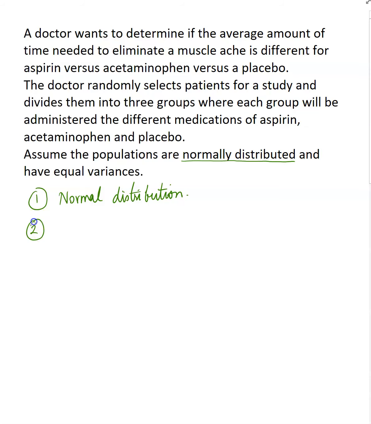Condition 2. All samples are randomly selected and independent. Now these are samples of patients, right? And it says the doctor randomly selects patients for a study and divides them into 3 groups. Okay, so Condition 2, random samples and independent.